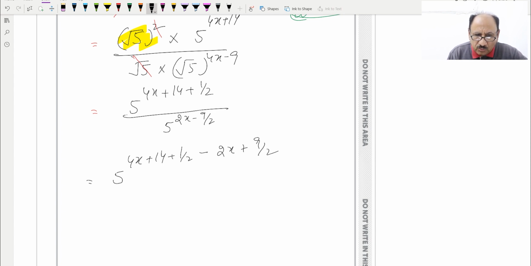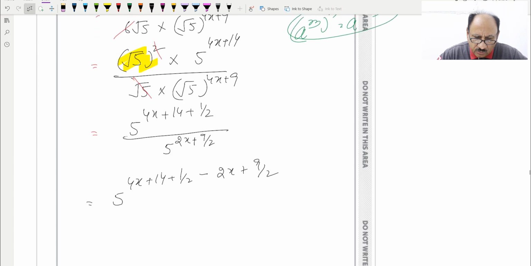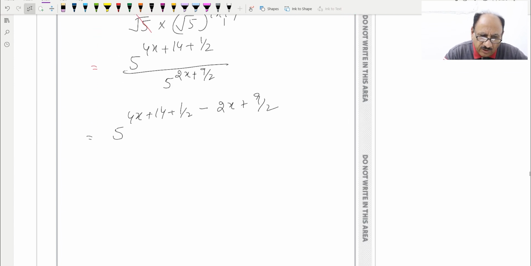This is basically plus 9 by 2 here. I have made a mistake. It should be plus here. So in the question also it is plus, so I rectified that one. So this will be a minus when it will reach this step.